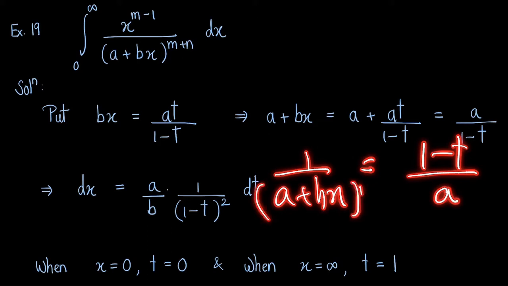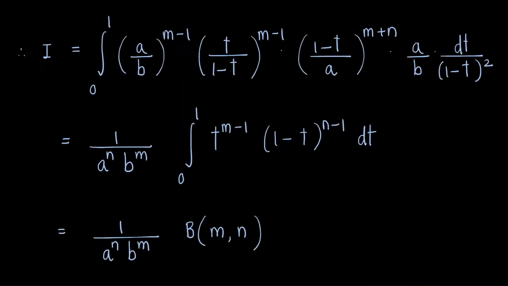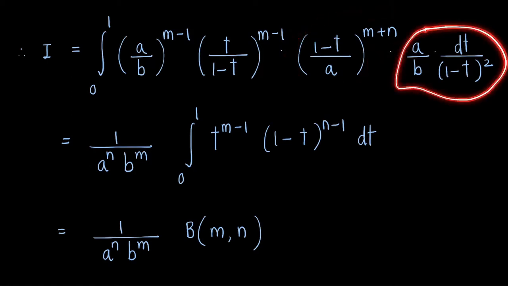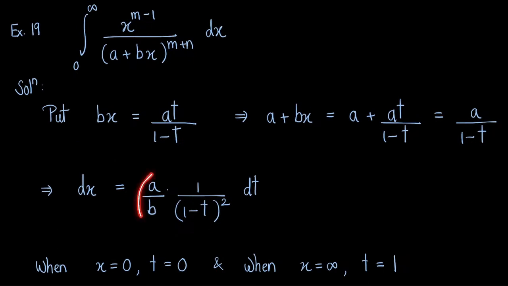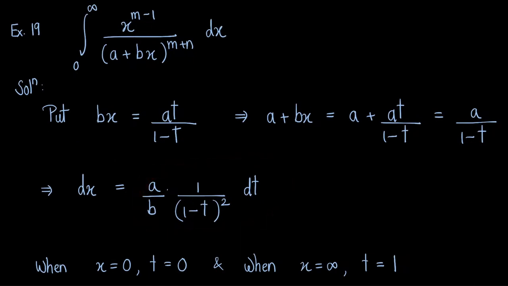Therefore, a plus bx raised to m plus n is equal to 1 minus t raised to m plus n upon a raised to m plus n. Therefore, we have this term, that is 1 minus t upon a raised to m plus n, into dx, which is a by b into 1 minus t whole square dt.